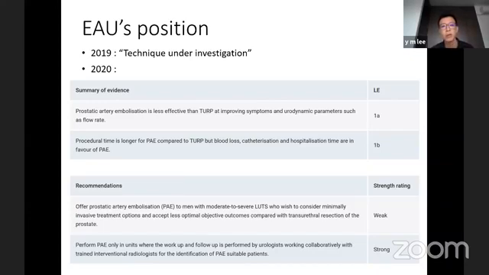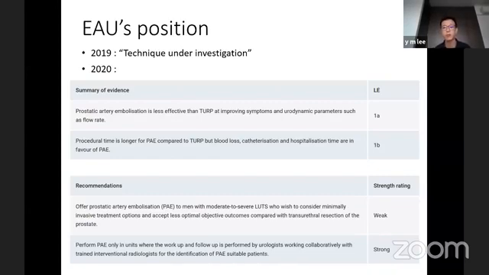It also acknowledges that the procedural time is longer compared to TURP. But as mentioned earlier, there are advantages such as lesser blood loss, as well as the hospitalization time in favor of PAE.